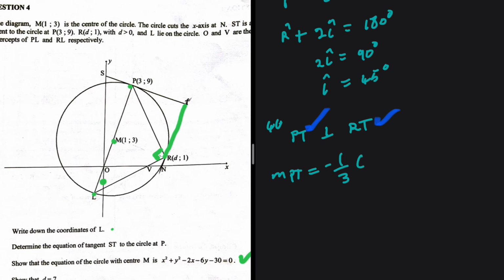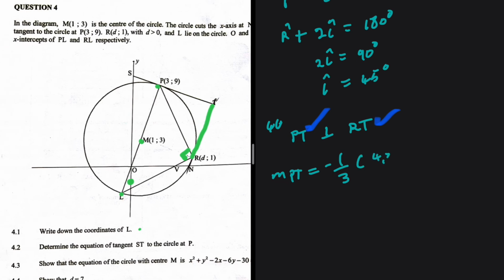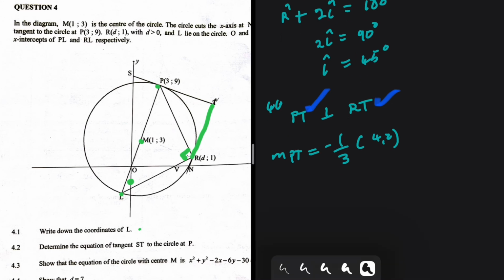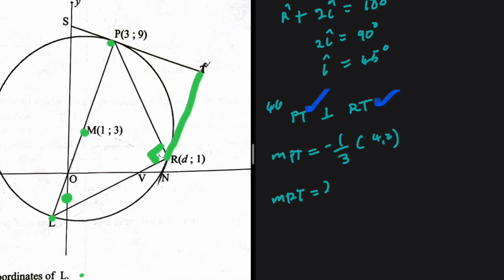This is from 4.2, because PT and ST are coordinates of the same line. So we have that. Now we just need the gradient of RT. So how can we do that? Well, we can find the gradient of MR, because MR should be a radius there. And then that gradient should be perpendicular to that of RT.